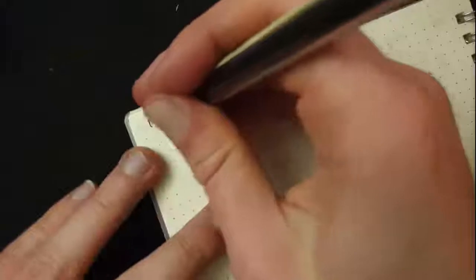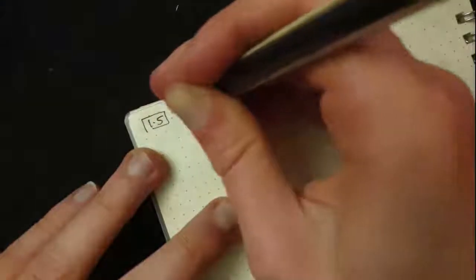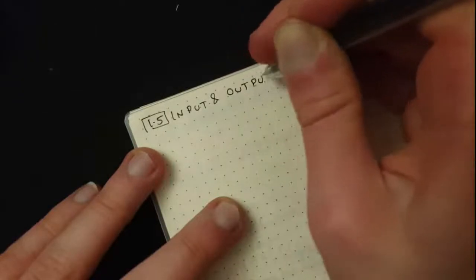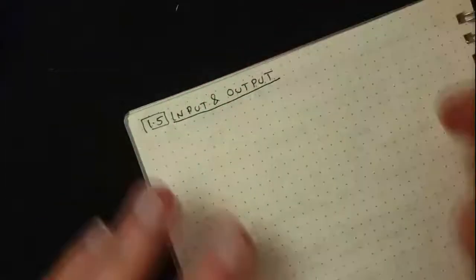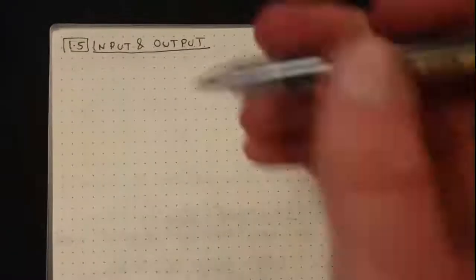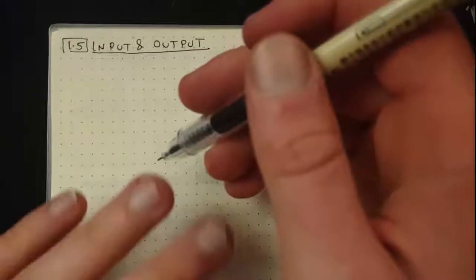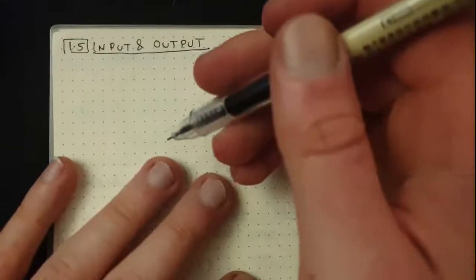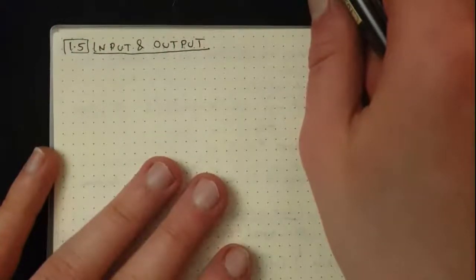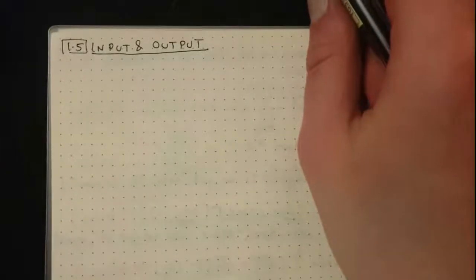Now 1.5, input and output. When you're running a program, you open some number of files, which are tracked by the kernel.